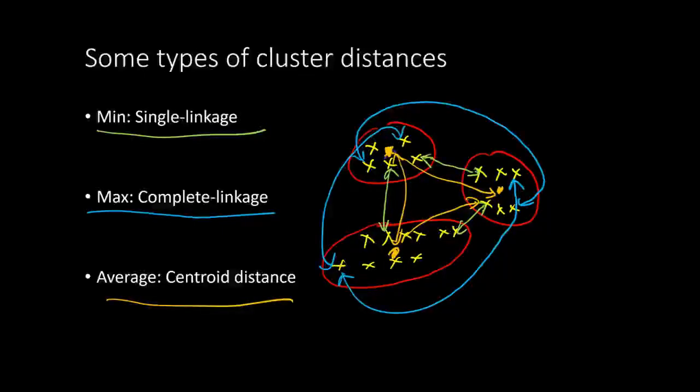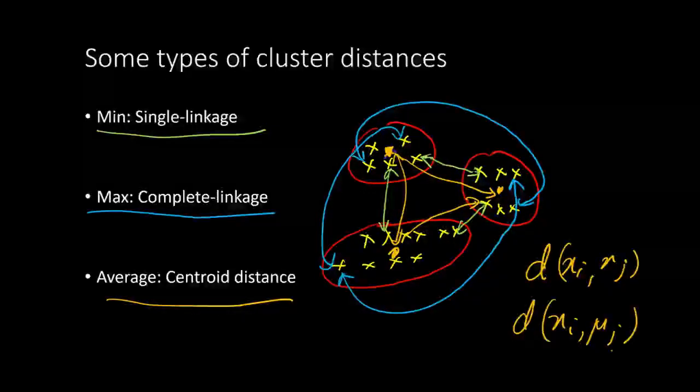In general, we are talking about distances between xi and xj, or xi and cj, or xi and μj, the centroid, etc. This distance need not always be a Euclidean distance.